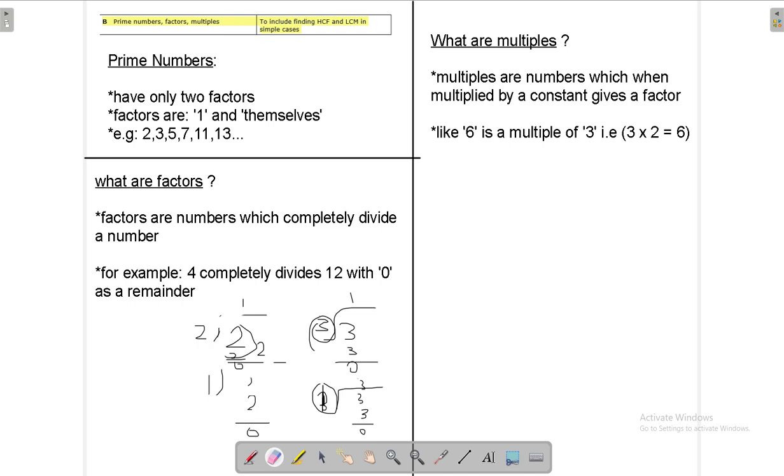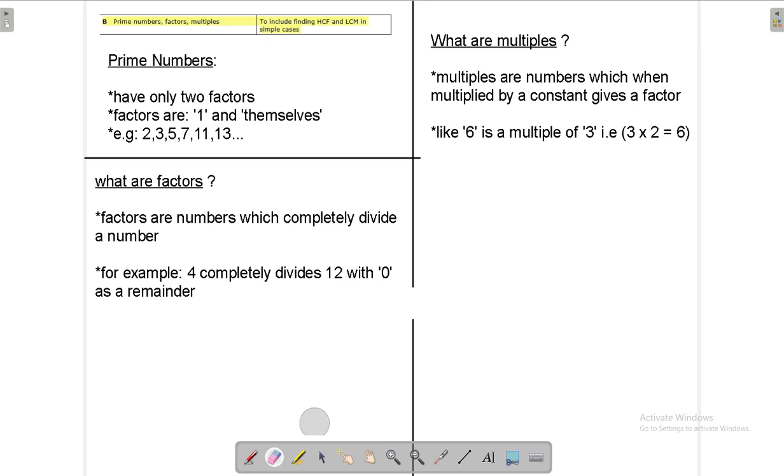So let me just give you a brief example again. Just think of a number, for example, 7. Now think of a table in which this 7 comes in. It comes in its own table, which is 7 into 1 equals 7, and a table of 1, which is 1 into 7 equals 7.